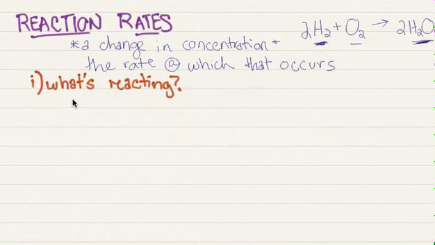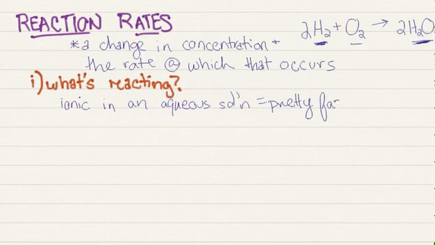So for instance, if I had something that was ionic in an aqueous solution, that's going to be a pretty easy bond to break. So it's going to be a pretty fast reaction, right? Versus if I had a really strong covalent bond, that would probably take a lot longer.